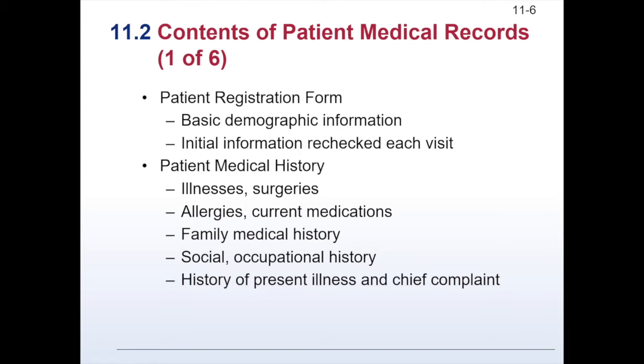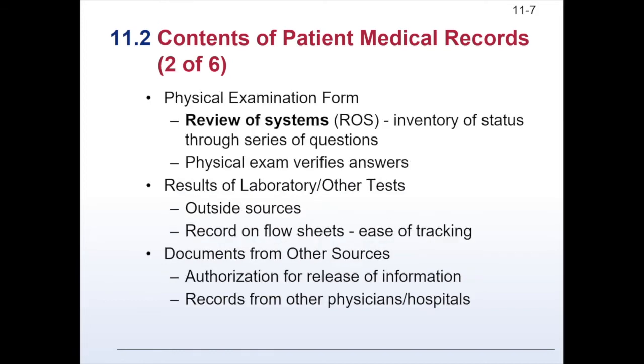The patient's medical history may include the following: illnesses and surgeries, allergies and current medications, family medical history, social and occupational history, and history of present illnesses and chief complaint. Physical examination form. Review of systems, ROS, contains an inventory of status through a series of questions.